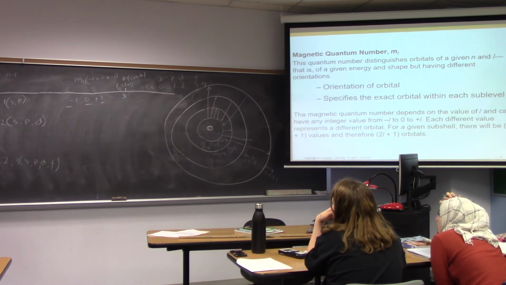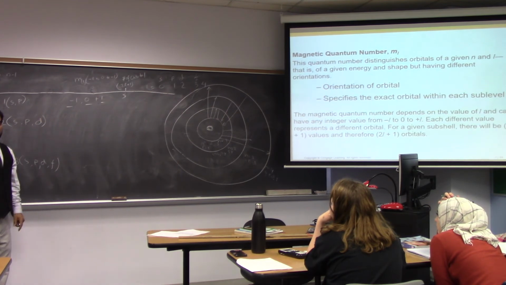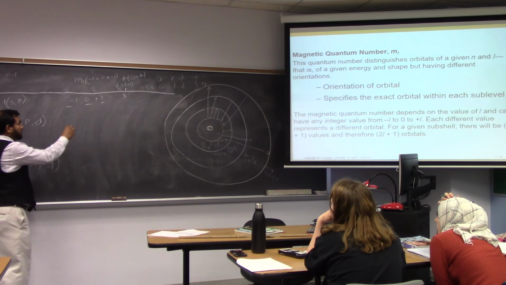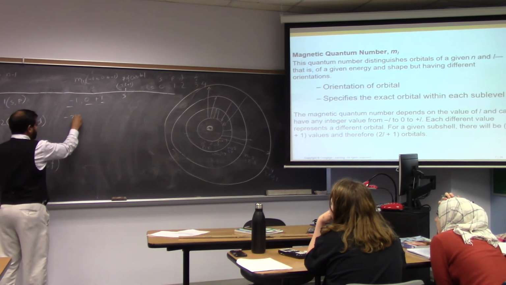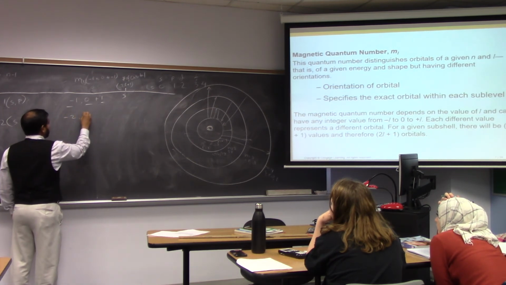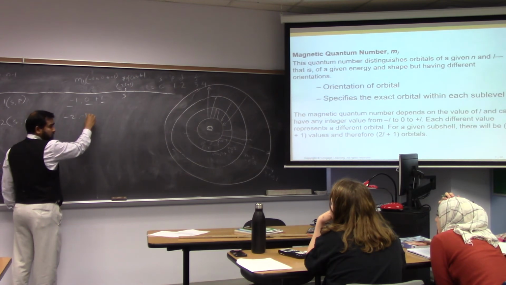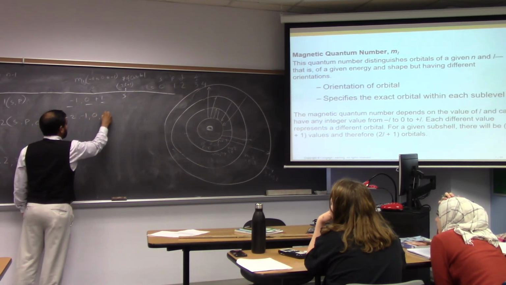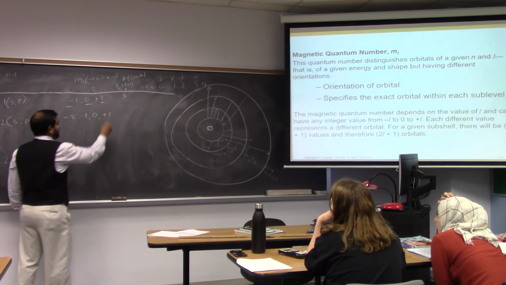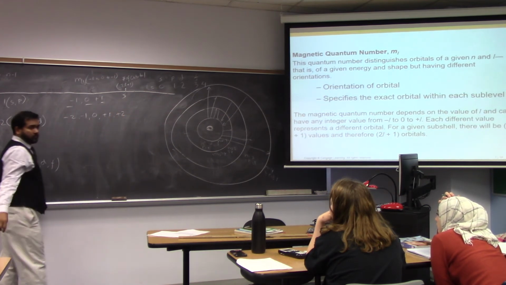And then if n equals 3, then S, P, D is L equals 0, 1, 2. What is the value for the magnetic quantum number? Yes, negative 2, negative 1, 0, then positive 1, positive 2.